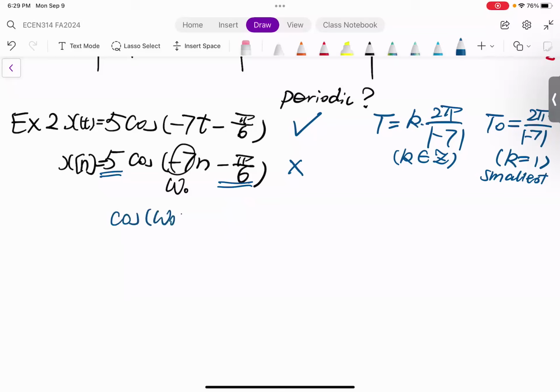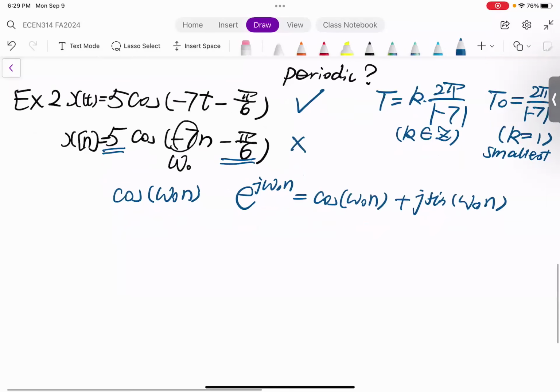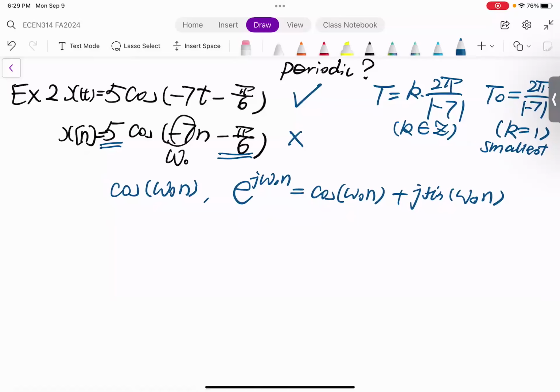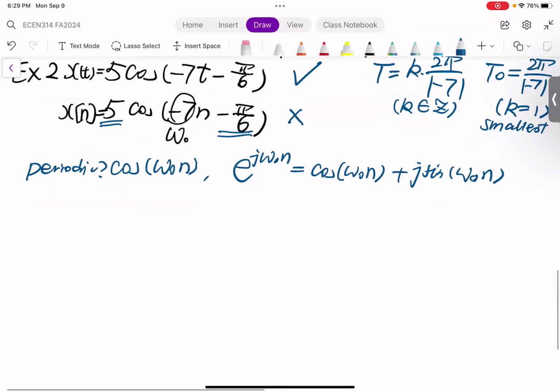So we can ask in general, cosine omega naught n, right? Or in general, exponential of j omega naught n, which is cosine omega naught n plus j sine omega naught n. Are they periodic or not? Okay, right? Let's check. So for instance, let's check this one.